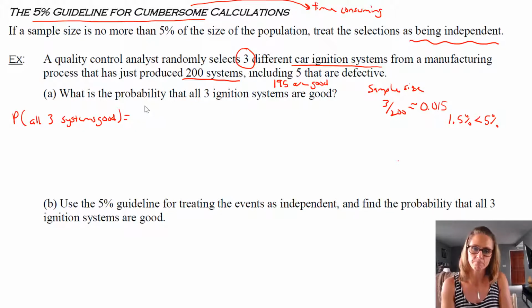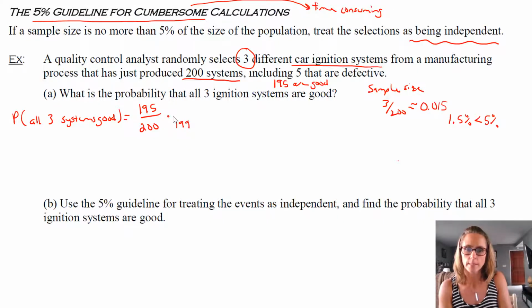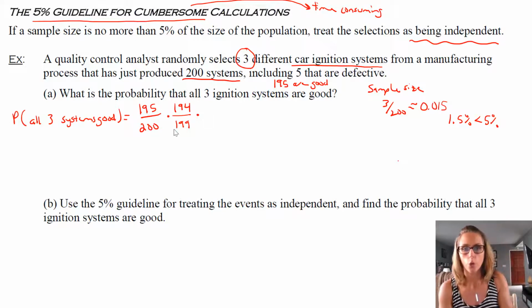We grab a system, and we want the probability that it's good, and that's going to be 195 out of 200, because 195 are good, and there's 200 systems. Now, then we put it over to the side. Now we're going to take out another one off the conveyor belt. So now there's 199 systems left. And because we took out a good one, there's 194 good ones left.